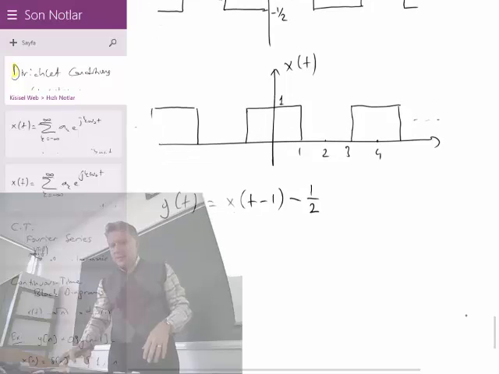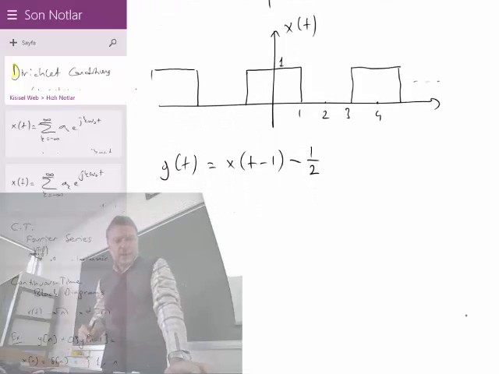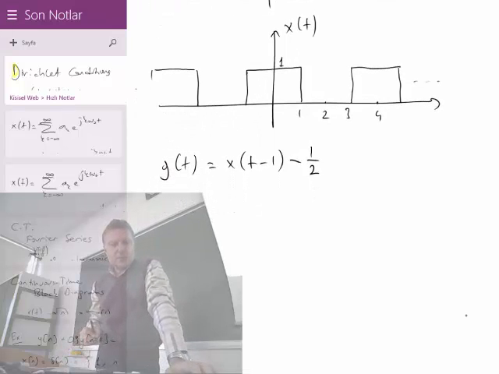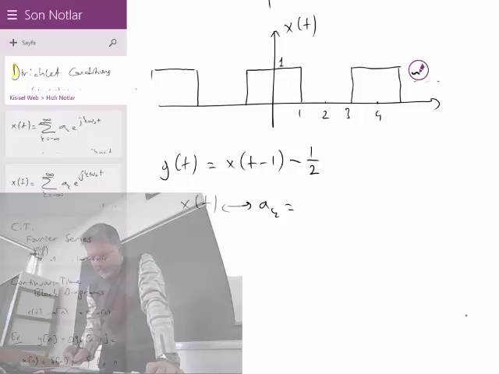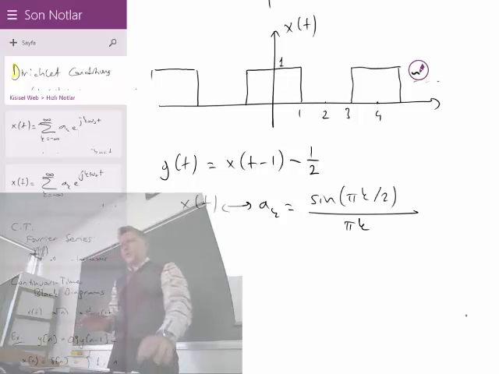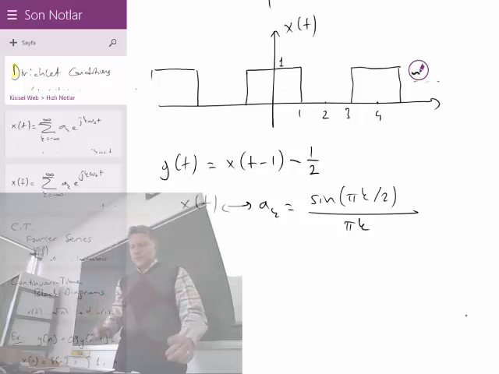Okay, if you agree with that, then we can start with the Fourier series coefficients AK, which are sine(pi k over 2) divided by pi k, except for k equal to 0, which was something else.